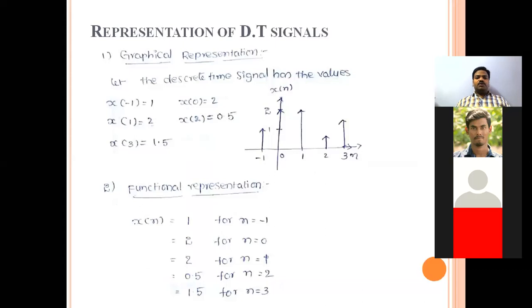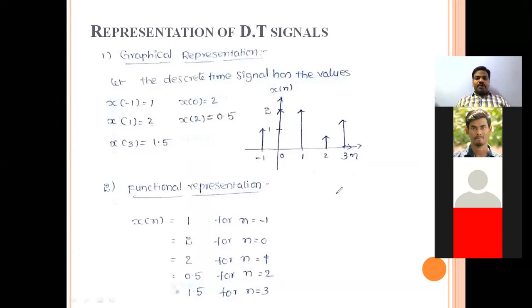Now see the first one, graphical representation. Before going to this, you should remember that the discrete time signal is represented with x of n.